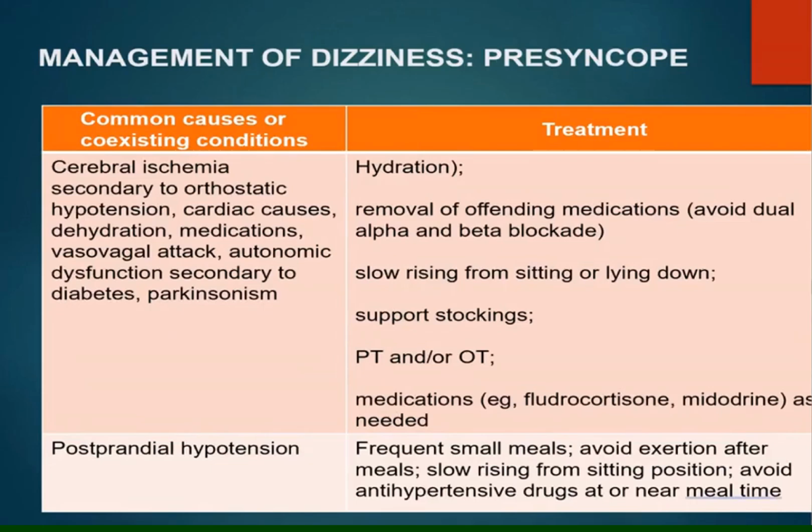In terms of pre-syncope, the big issue there is to treat with hydration, particularly if there's orthostasis. One of the axioms in geriatrics is to avoid dual alpha and beta blockade. So if you had somebody on terazosin, Minipress, plus a beta blocker, usually not a good combination.